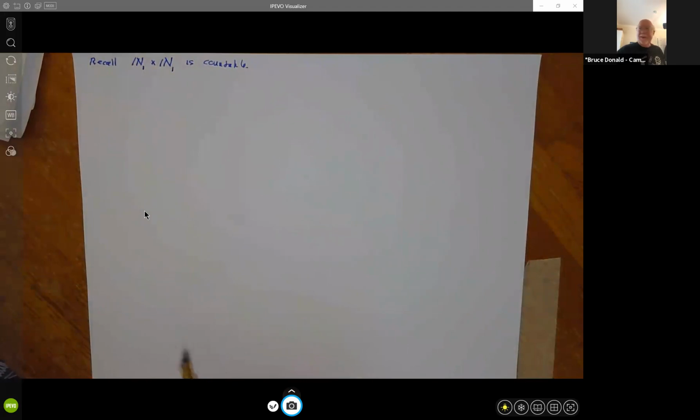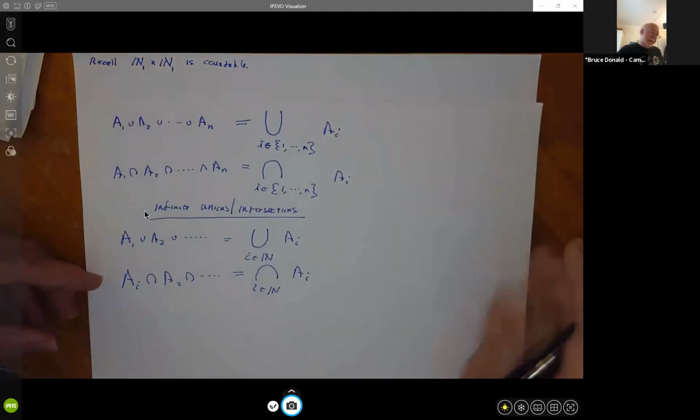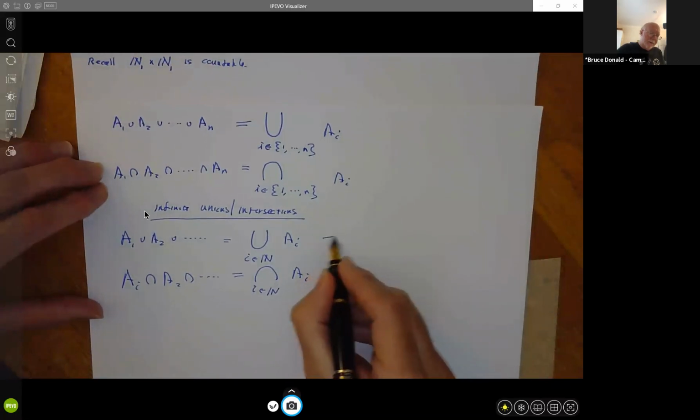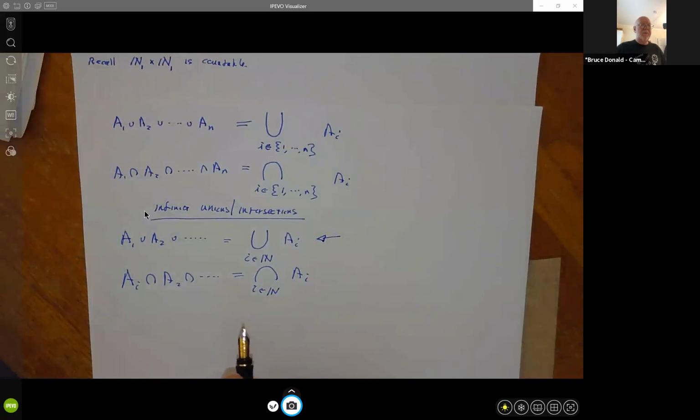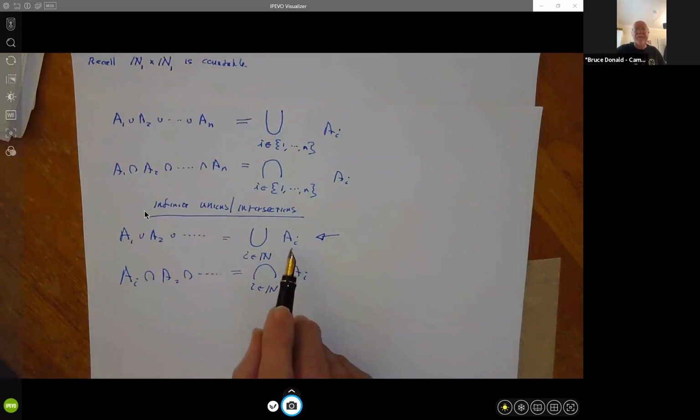So I want to consider the case that we introduced before, where I'm taking infinite unions of countable sets. So each Ai will be countable, and the sequence here will be countable, which you can see by the index here that i is in the natural numbers. And this is called a countable union of countable sets. In other words, each individual set Ai, which depends on i, is countable.